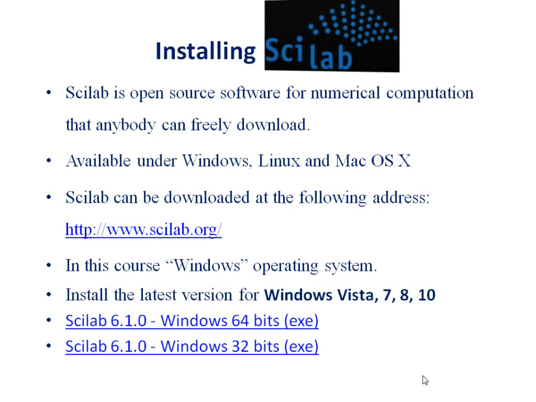In this course, I am using the Windows 7 operating system for the demonstration. Now you can pause the video and go to the above website and install the Scilab 6.1.0 version on your Windows operating system.